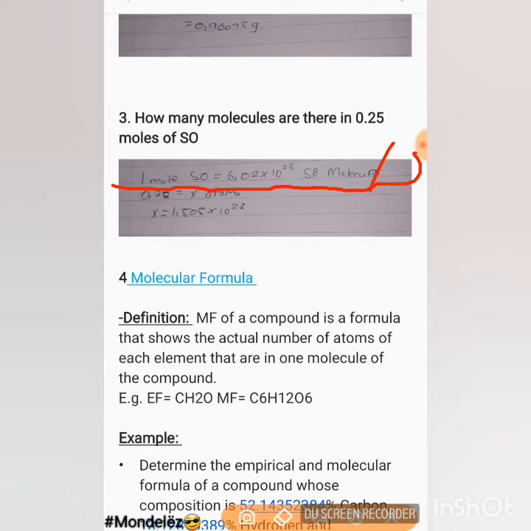It's still the same analogy. In 1 mole of a compound, you get the same number, 6.022 times 10^23 molecules, and for an element, it is going to be atoms.